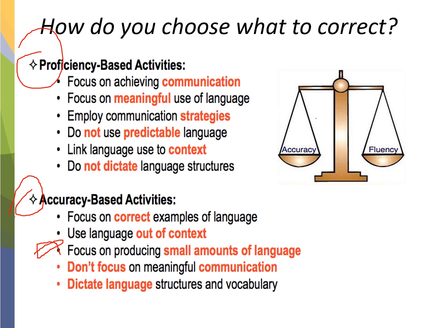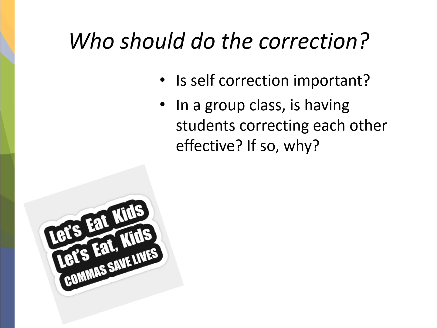So if you're doing an accuracy-based activity, you might focus your correction on whatever grammar structure or vocabulary or feature of pronunciation that you're trying to teach your student. Take a few moments to consider this question. Who should do the correction?